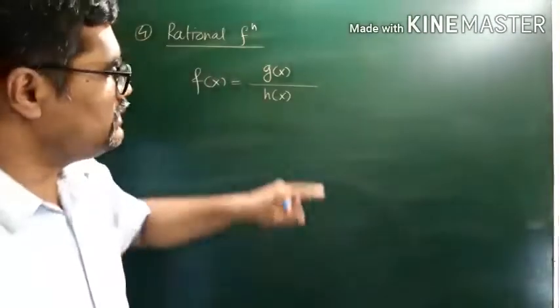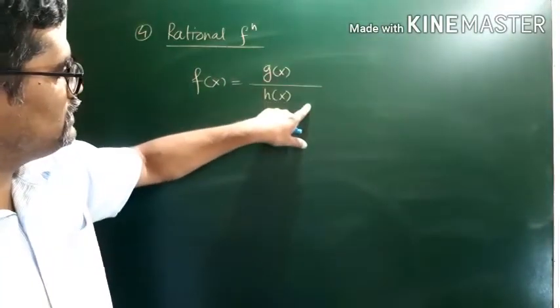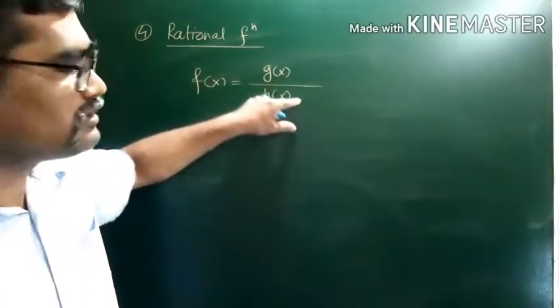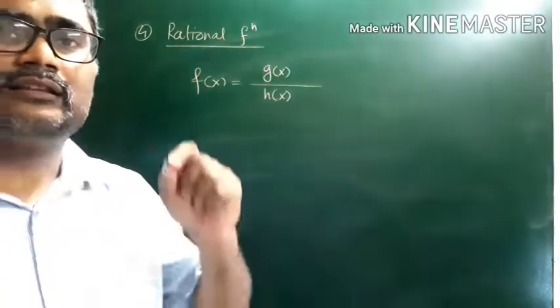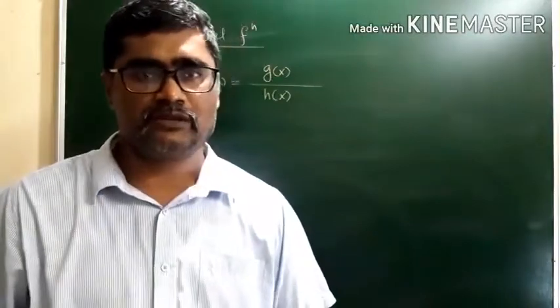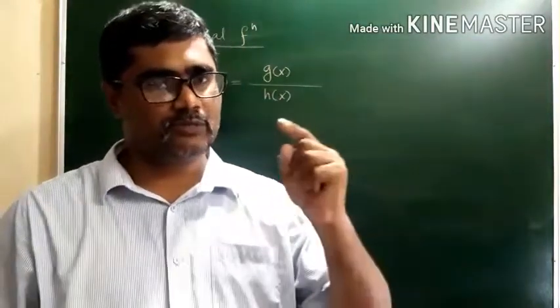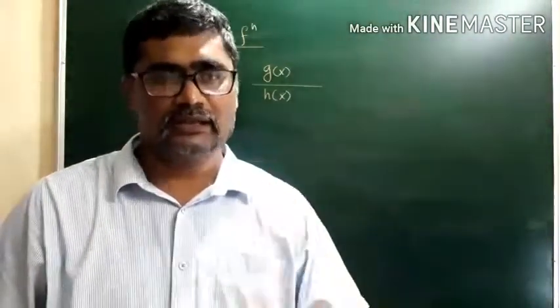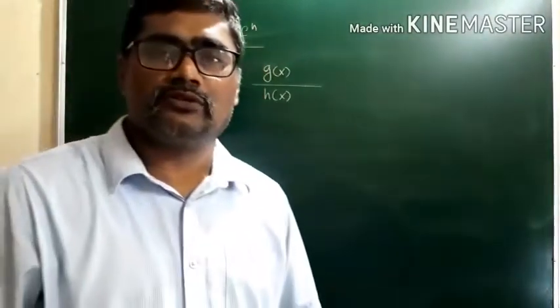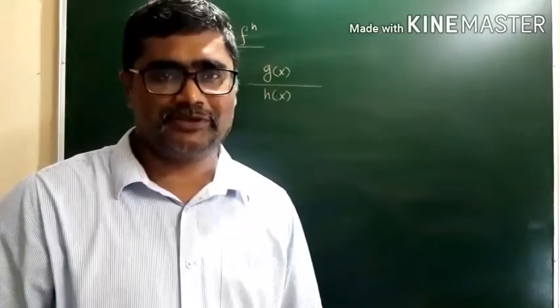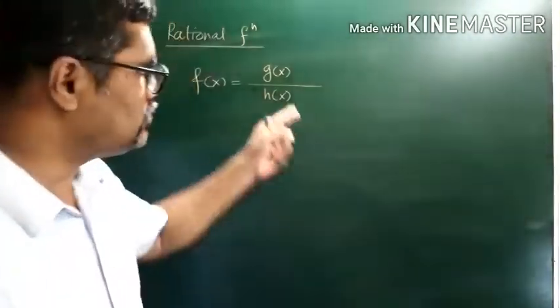Any such rational expression having both as polynomials is called a rational function, right? So be very careful about that. The numerator and denominator are necessarily polynomials. But here I cannot draw a particular graph because you may have many choices of polynomials.